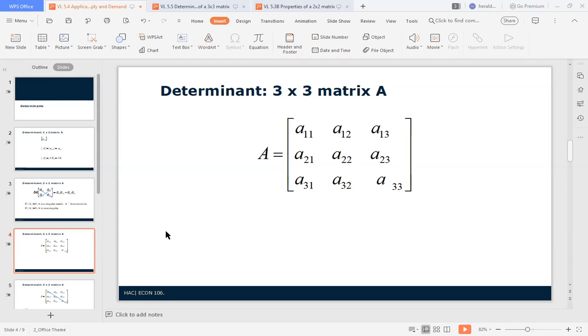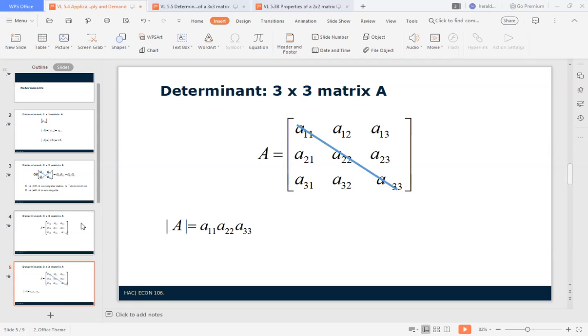I mentioned earlier that you will need to memorize and learn where the locations of i and j are, because it would be important, especially in determining the minors and the cofactors later on. So if there is something to memorize here, memorize Aij. When we say A11, where is that located? What row is that? What column is that? And the same goes for the other coefficients.